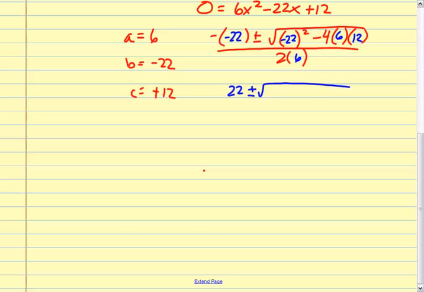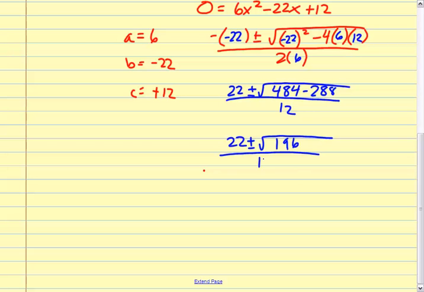Let's see. 22 times 22 is 484. Mr. C. Nice. Okay, 24 times 12. I don't know what that is. All right, 288. So it's minus 288 all over 12. 22 plus or minus the square root of 484 minus 288, which is 196.